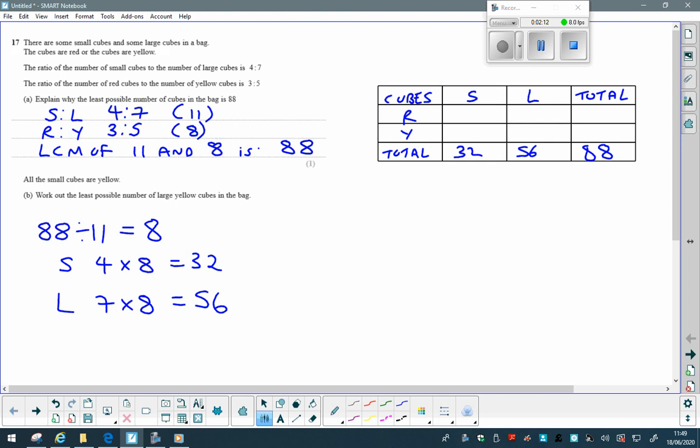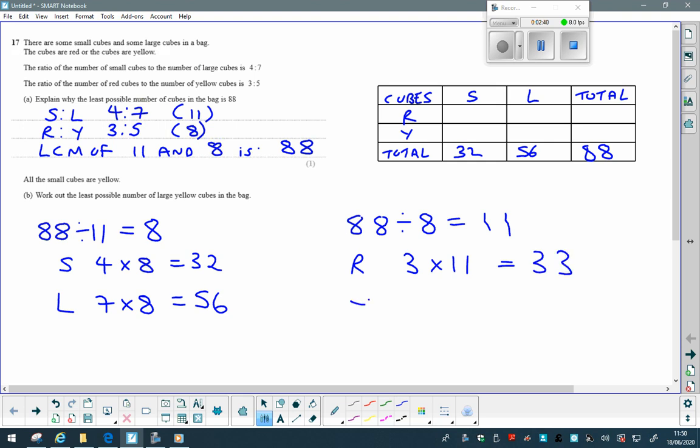We're going to do a similar thing now for our red and our yellow, except we're going to go 88 divided by 8 in this case, which is equal to 11. Okay, so for our red cubes, we're going to do 3 times 11, which is 33.